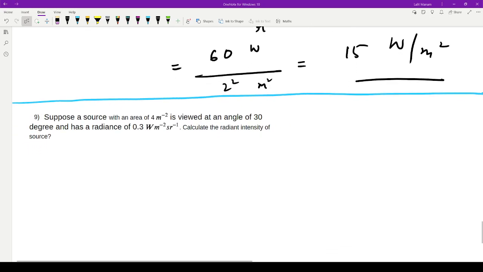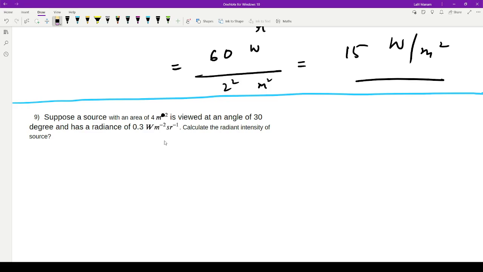Okay, the next question is, suppose we have a source with an area of 4 meter square. Again, another mistake, it should be meter square, it can't be meter inverse. It is viewed at an angle of 30 degrees and has a radiance of 0.3 watt per meter square steradian. Calculate the radiant intensity of the source.